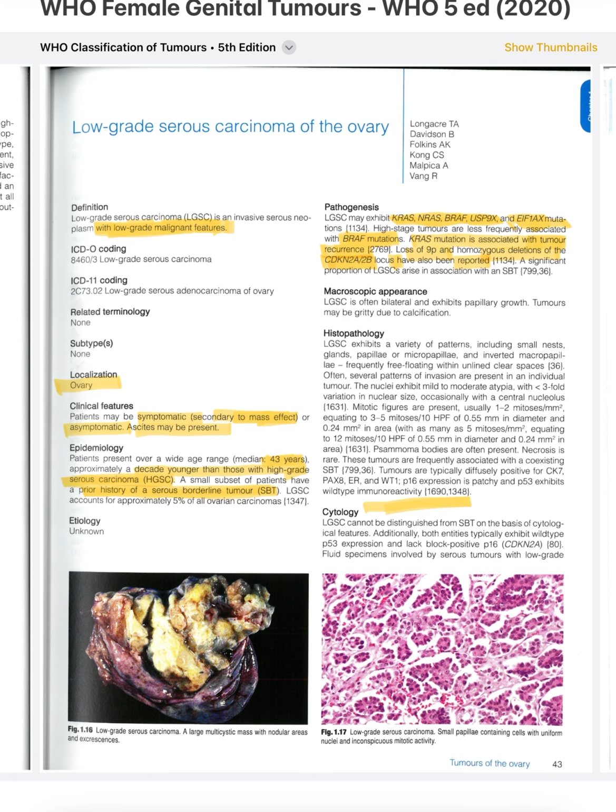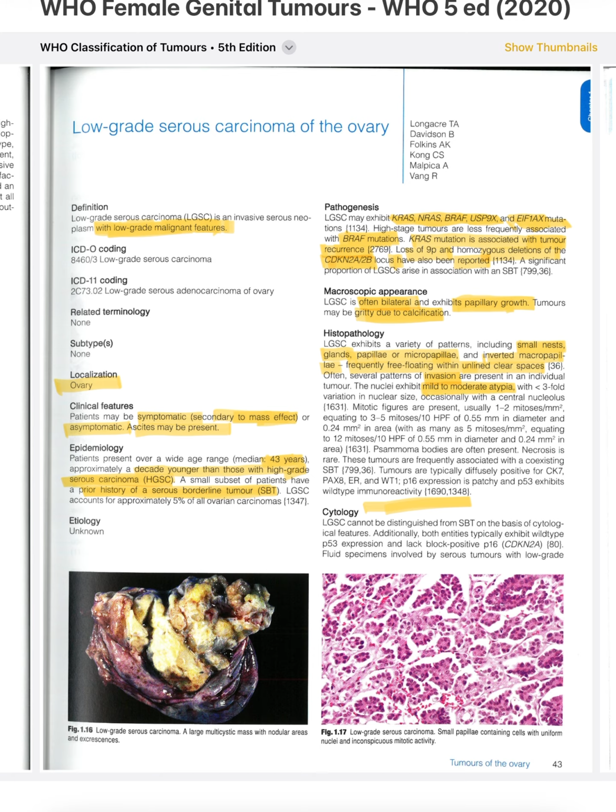If we talk about the gross appearance, they will often be bilateral and exhibit papillary growth. Tumors may be gritty due to calcification. If we talk about the histopathology, they exhibit a variety of patterns, including small nests, glands, papillae or micropapillae, and inverted micropapillae, frequently free floating within unlined clear spaces. Often several patterns of invasion are present within an individual tumor.